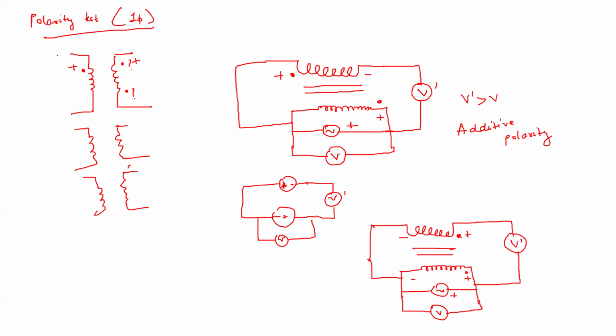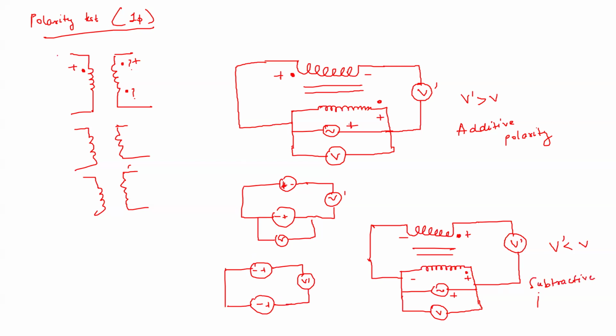If the dot is up, in this case you will see that this V dash is less than V. You can apply KVL in this loop, and you will see that these two are in subtraction, so that is why this is a subtractive polarity.